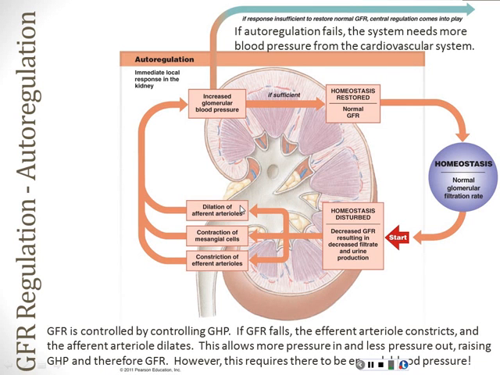Remember, the glomerulus has an in and an out, and there's a valve on each of those, right? So if the GFR falls, that means there isn't enough filtration pressure. There isn't enough pressure inside the glomerulus to push that fluid and solute out. So what happens is the afferent arteriole, the inbound one, dilates, gets bigger, and the efferent arteriole gets smaller.